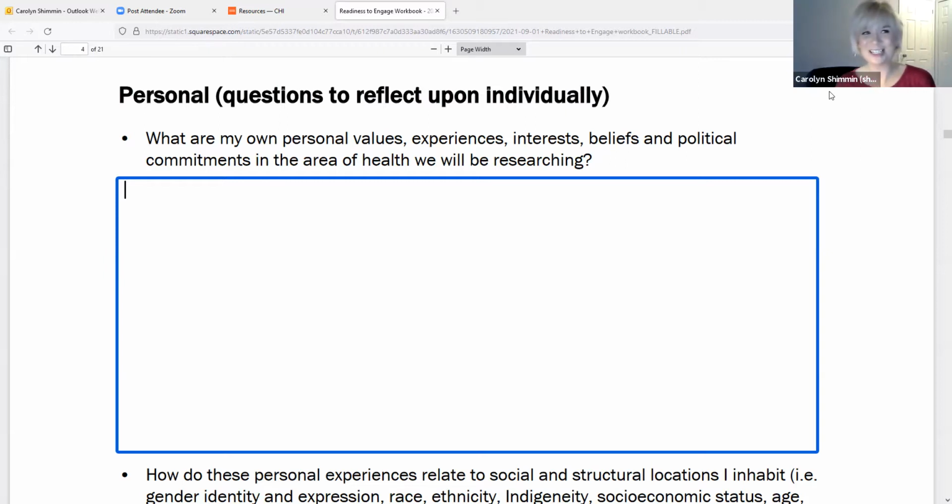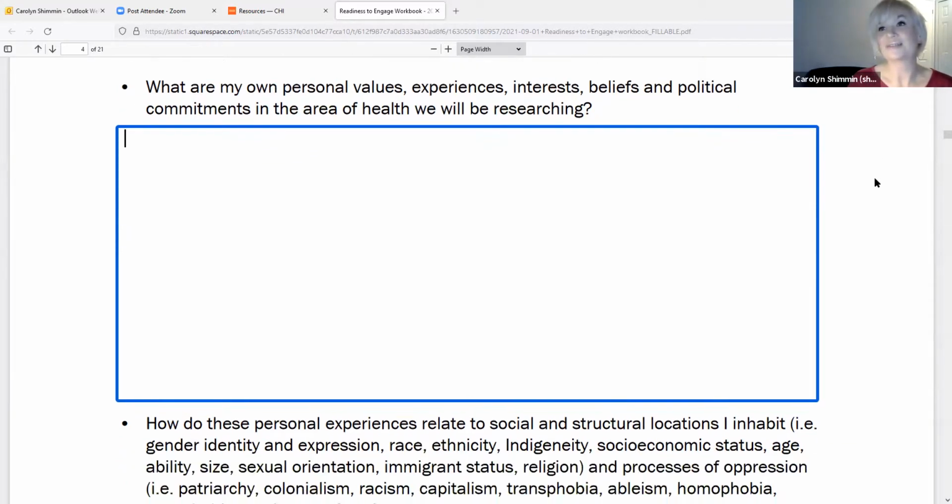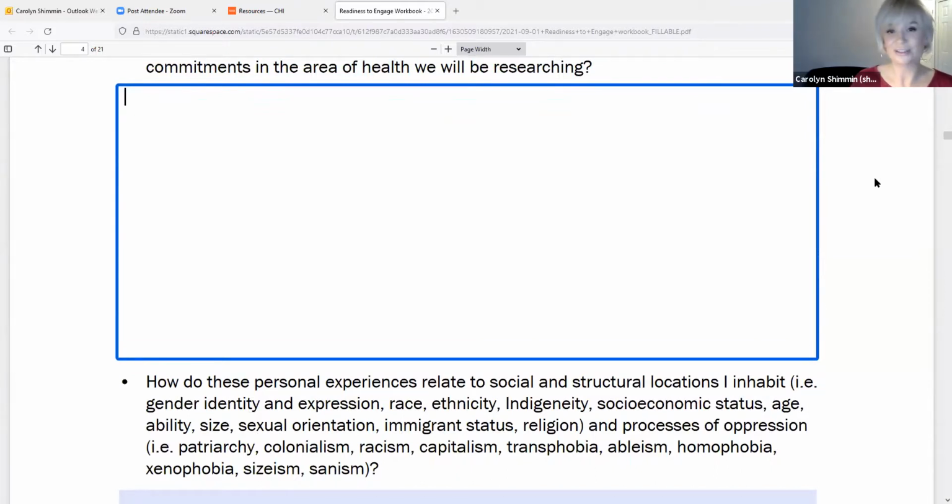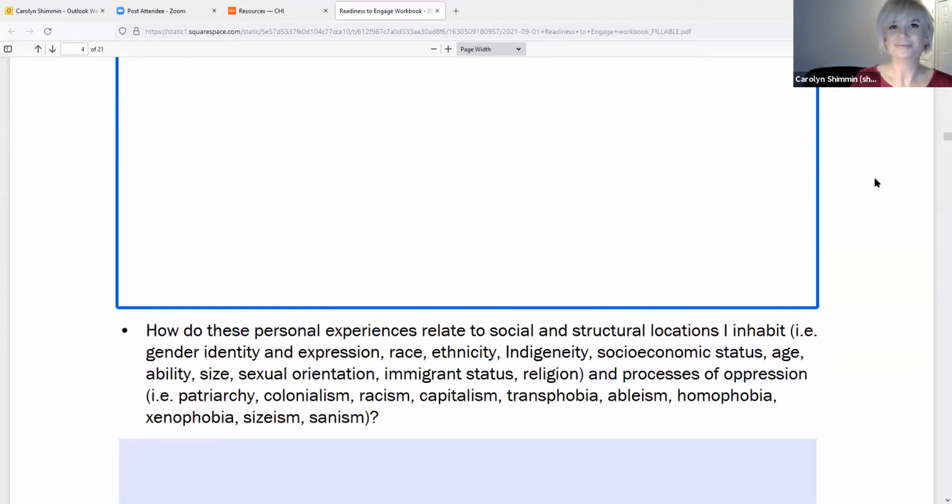I've had conversations sometimes with researchers who say they don't have a political commitment, and sometimes saying, well, other people have agendas. But it's really important to have some reflexive understanding of what those are and how that relates to the health research issue that you're going to take a look at.